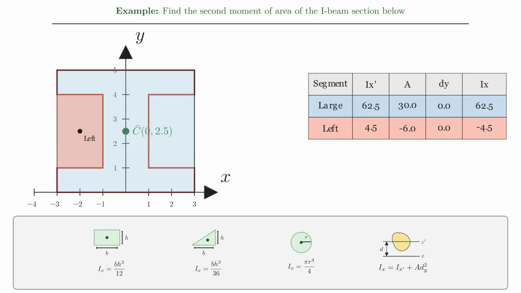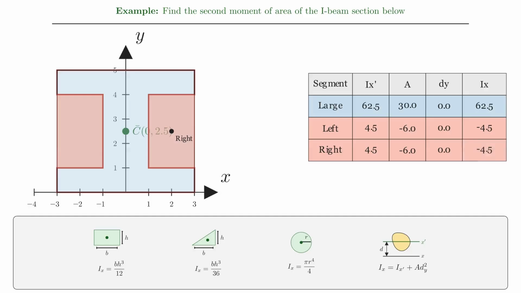Then for the right cutout, I can use the formula to calculate Ix prime. This is the same shape as the left cutout, so it's also 4.5 meters fourth. Its area is also 6. dy is also 0 because it's at the same height. Therefore, Ix is 4.5 meters fourth, again recording it as minus 4.5 because I'm going to subtract this as well from the larger rectangle.